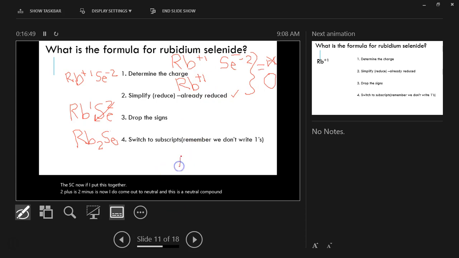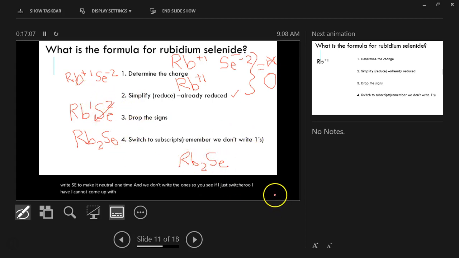So how many times did I have to write Rb to make that neutral? 2 times. How many times did I have to write Se to make it neutral? 1 time, and we don't write the ones. So you see, if I just switcheroo, I can come up with the exact same ratio. All right.